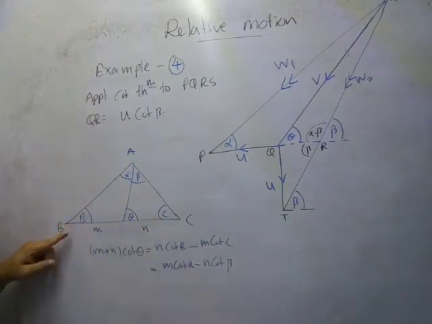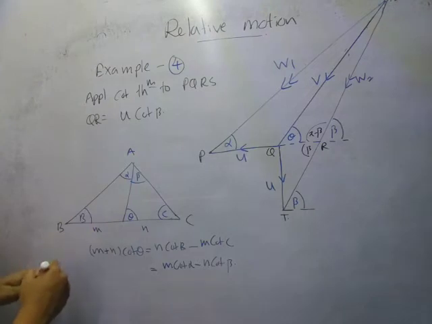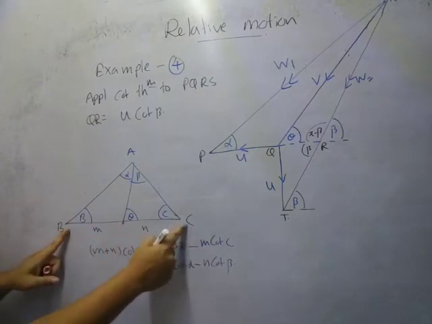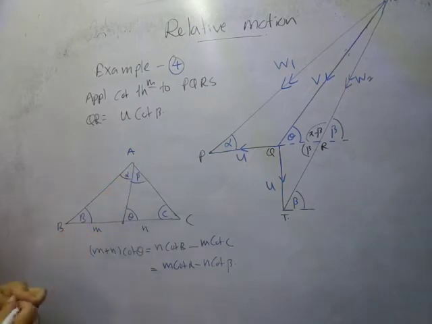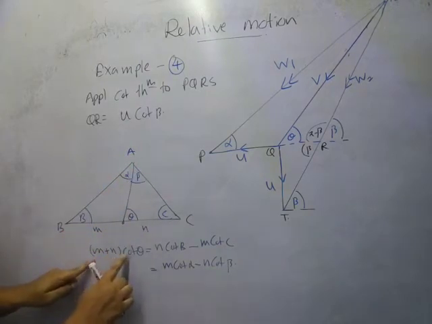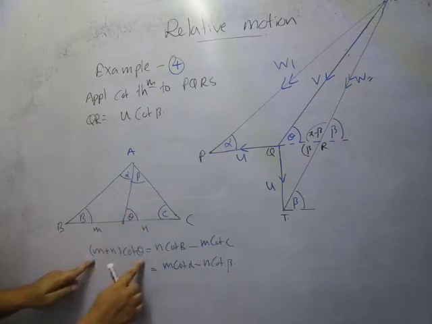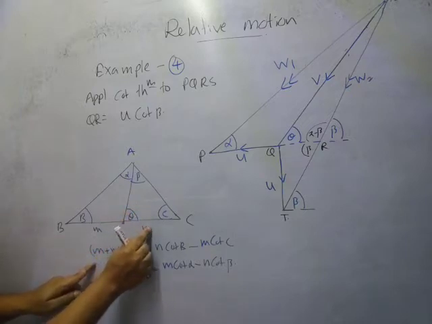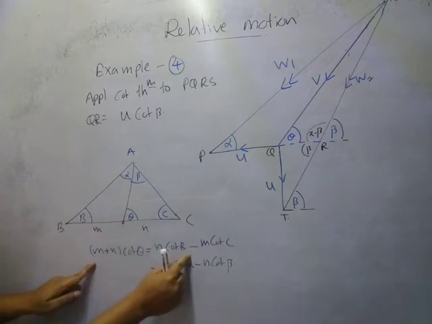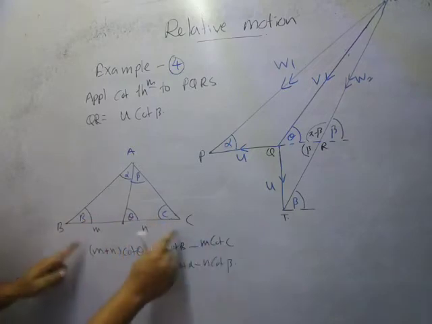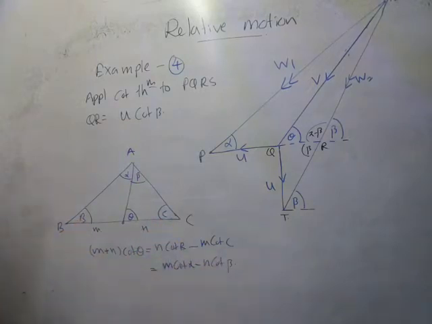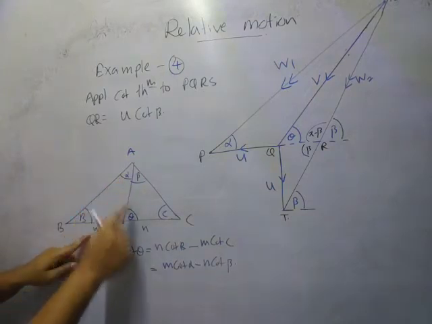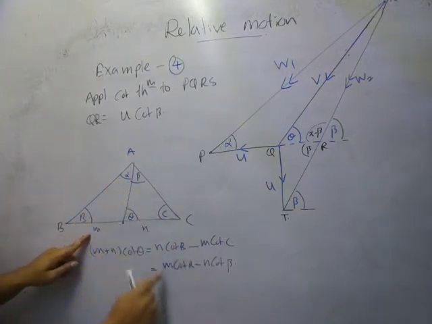Whenever you have a triangle like this, and this BC side is divided into ratio m and n, and you know this angle, then m plus n cot theta equals n cot b minus m cot c. මේ angle දෙක දන්නවනම් මේ formula එක පාවිච්චි කරන්න. If you know these two angles, then it should be m cot alpha minus n cot beta.